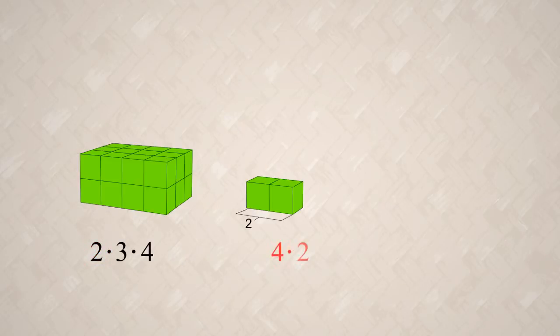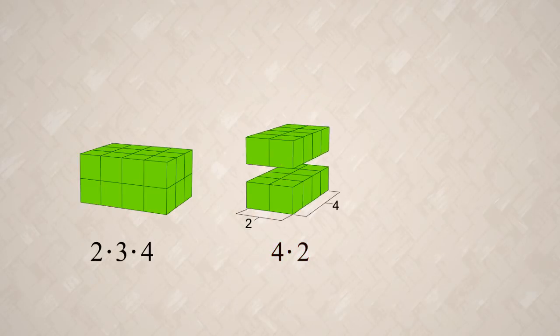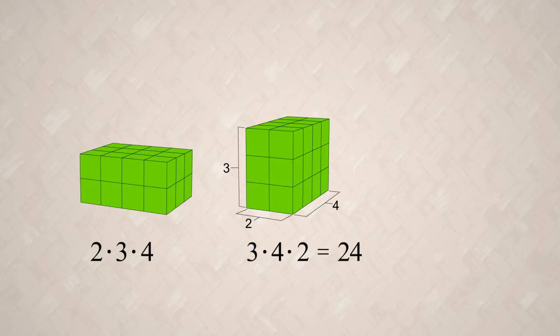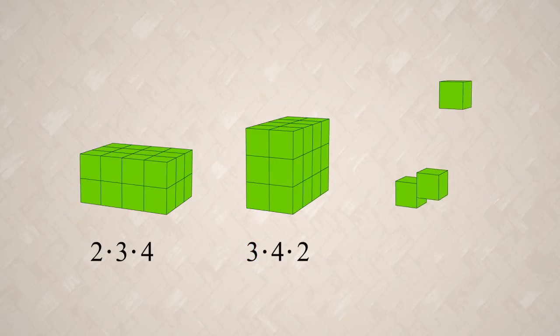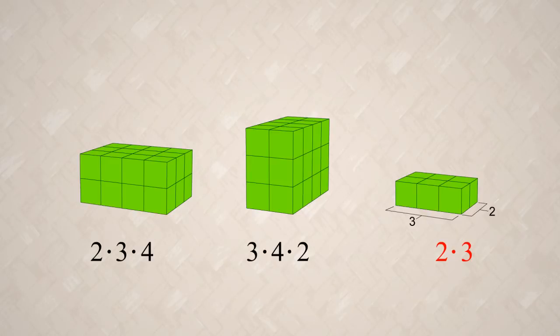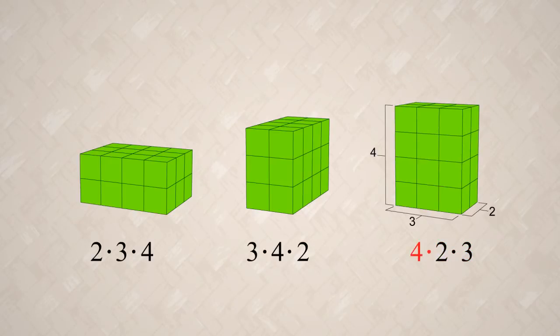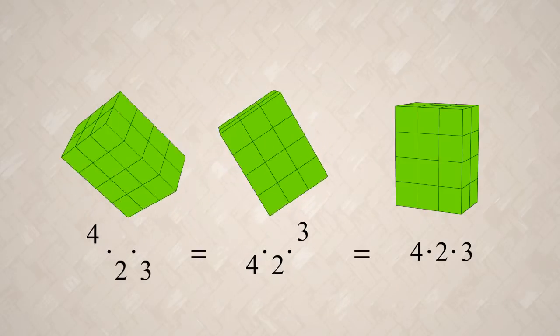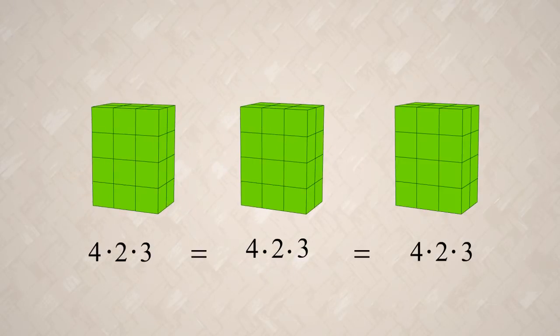Or you could arrange them in 4 rows of 2 boxes and stack them 3 levels high. Or you could arrange them in 2 rows of 3 boxes and stack them 4 levels high. It doesn't matter in which order you multiply the dimensions of the stack, it will always add up to the same number of boxes.